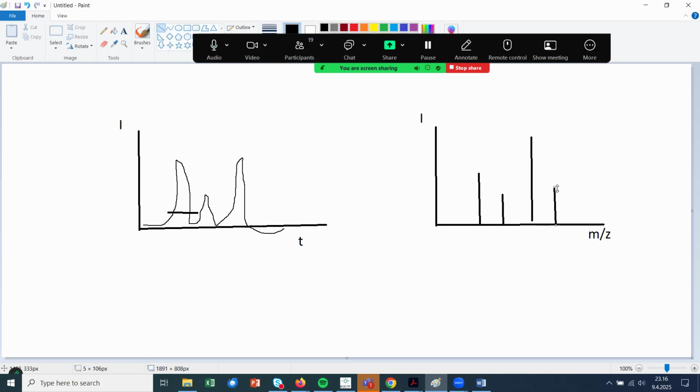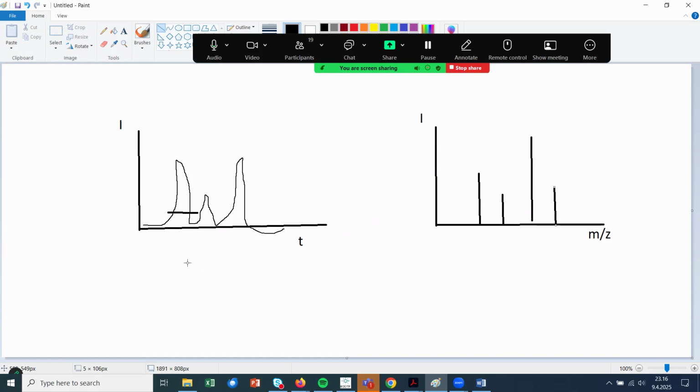In this mass spectrum, we will see these different components with different mass values or m/z values that are eluting out of the column into the detector, those components that are within this chromatographic peak.